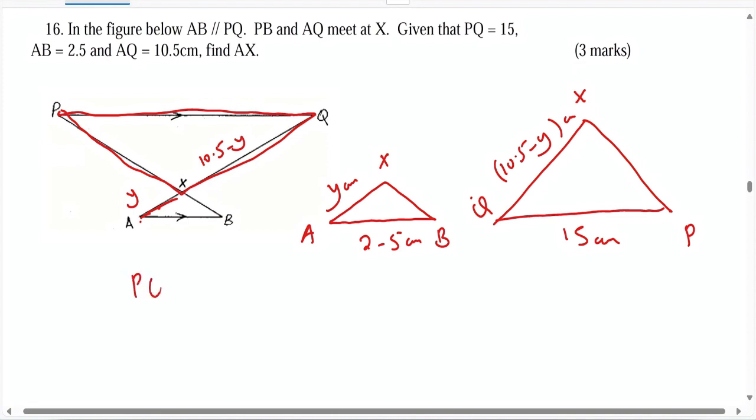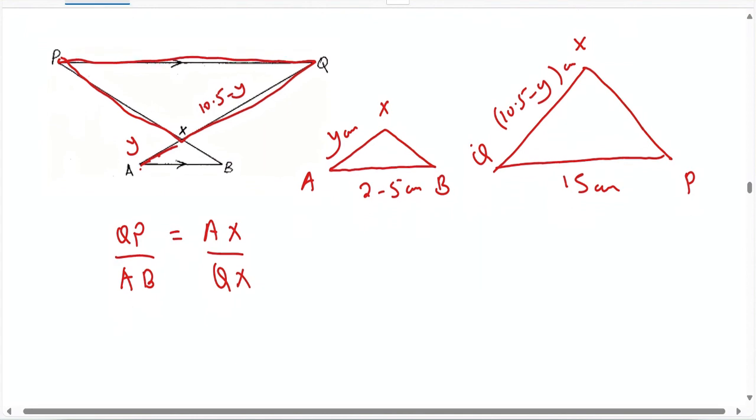So usually I'll take PQ divided by AB, ama QP, whichever way. Acha niweke PQ whichever way I can write. So let me say QP divided by AB is just equal to AX divided by QX. It's just the same.